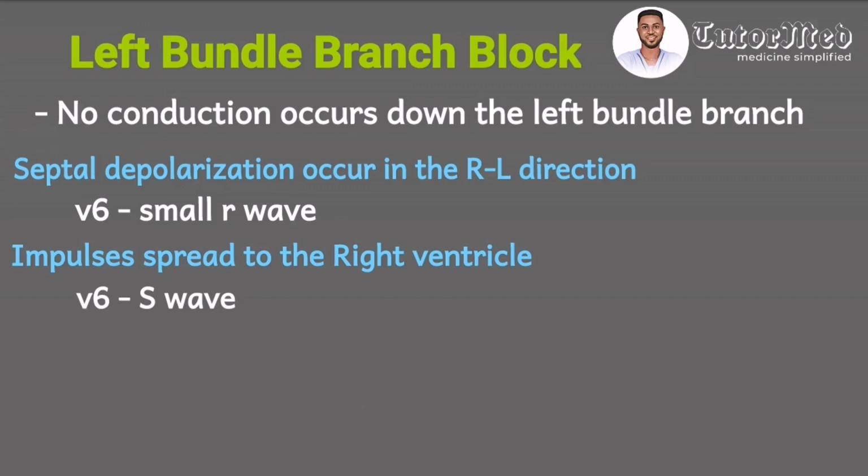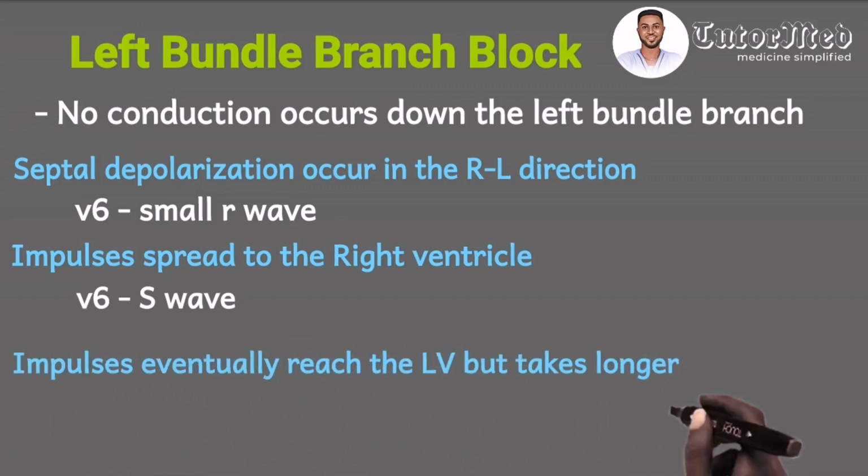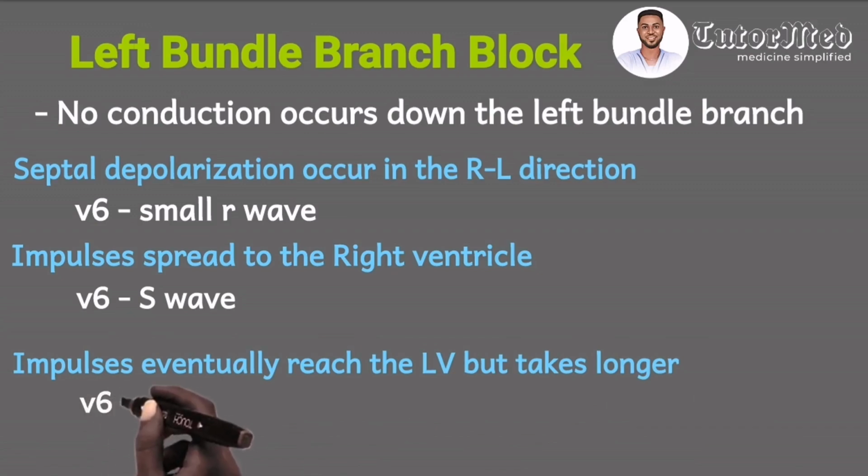And then eventually, the impulses will reach the left ventricle after it has spread from the right ventricle. But again, this takes longer, and so V6 will record this left ventricular depolarization as an R wave because V6 is a left-sided lead.